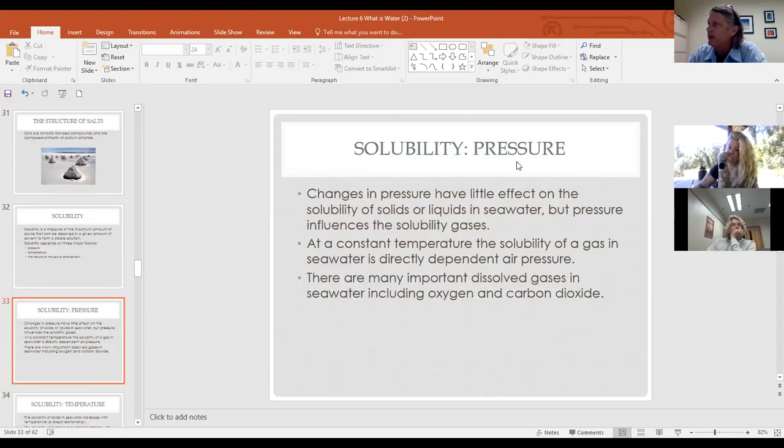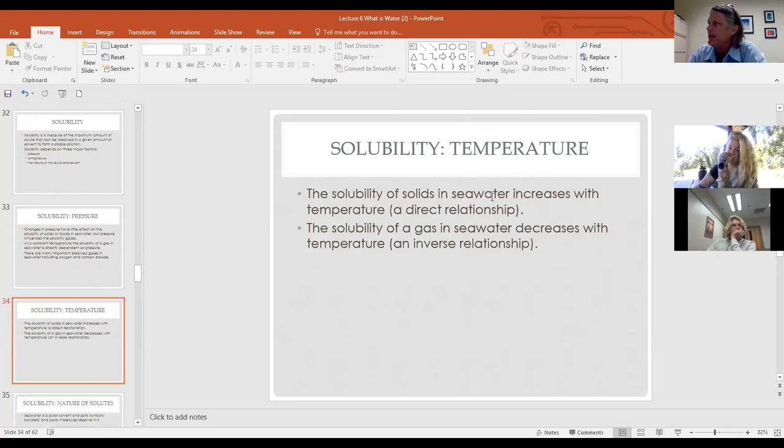So pressure solubility, changes in pressure have little effect on solids or liquids, but gases, a great effect. And gases dissolve better at depth. Temperature, some solids increase with temperature, and that's a direct relationship. Gases decrease with a high temperature, and that's an inverse relationship.